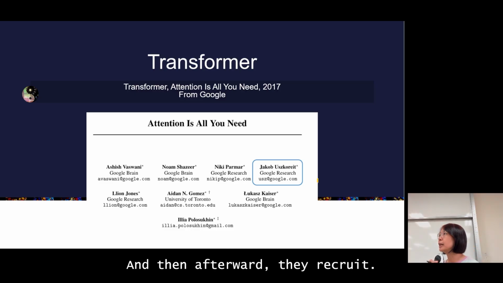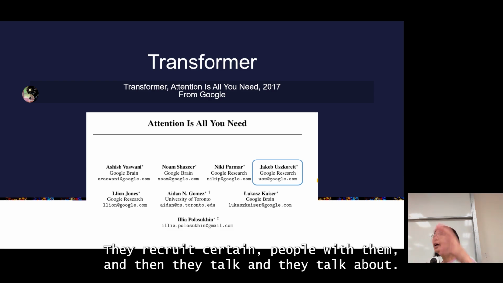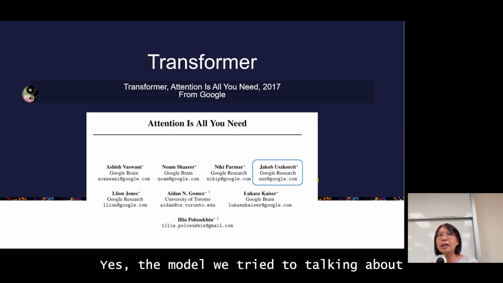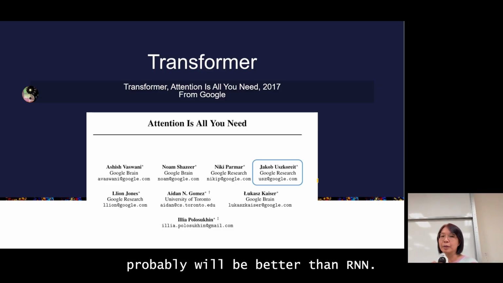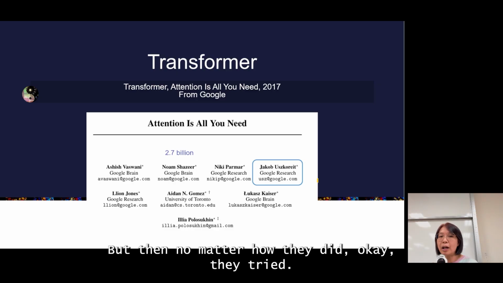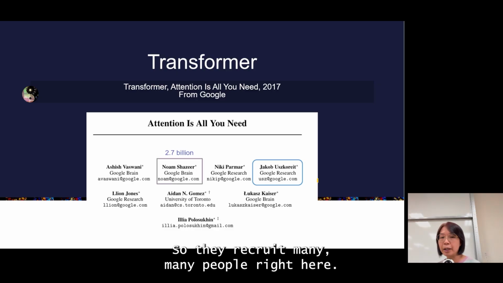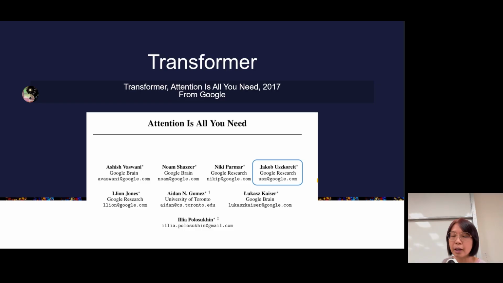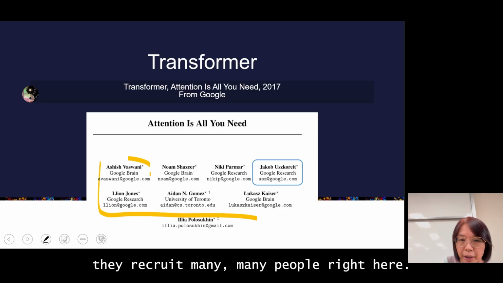Afterward, they recruited certain people, and they talked about how the model they wanted to build would probably be better than RNN. They recruited many people.